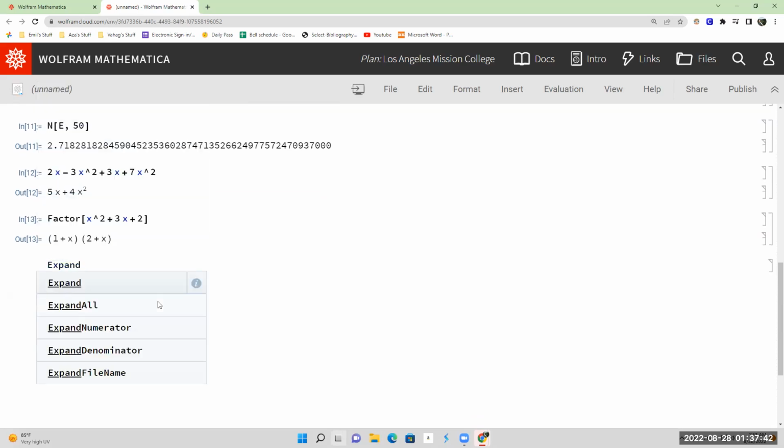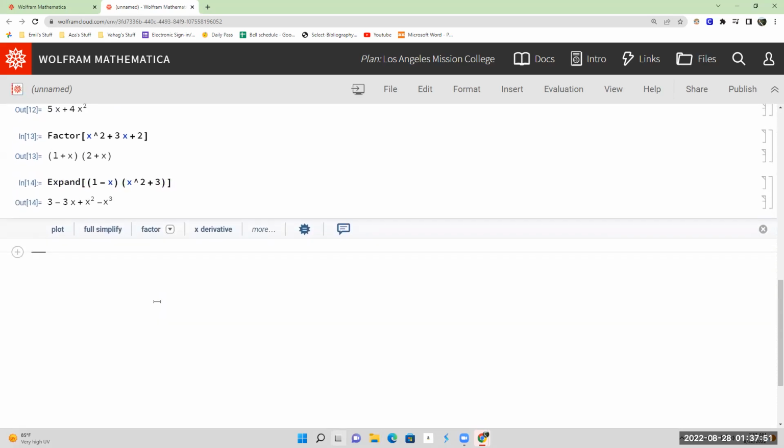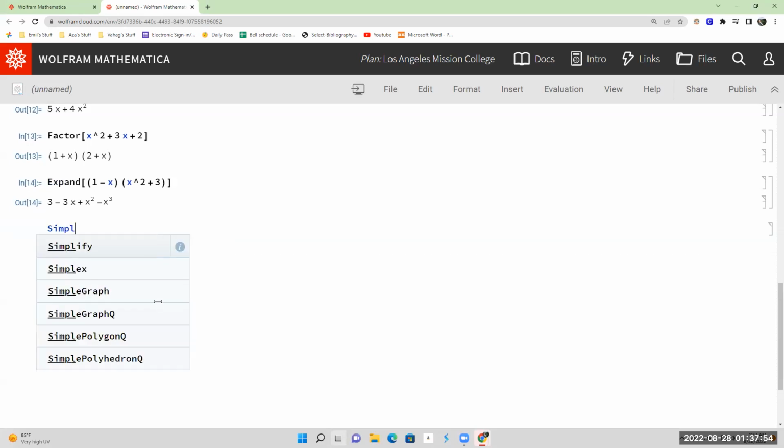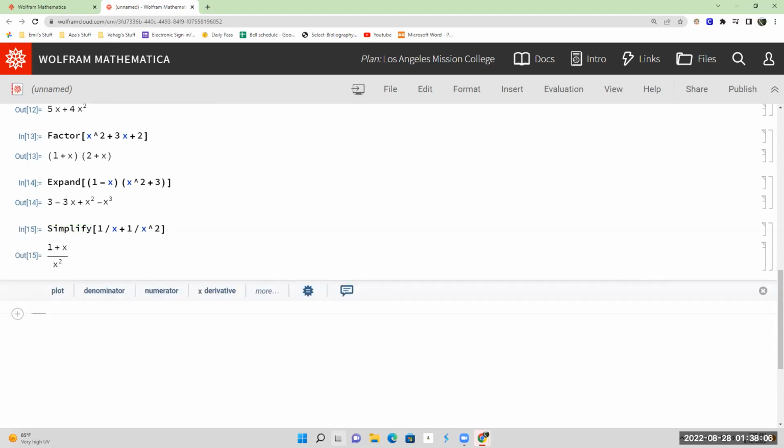We can take an algebraic expression and we can expand it. We can use the Simplify command to evaluate algebraic expressions. And we can also perform partial function decomposition. So here is an example.